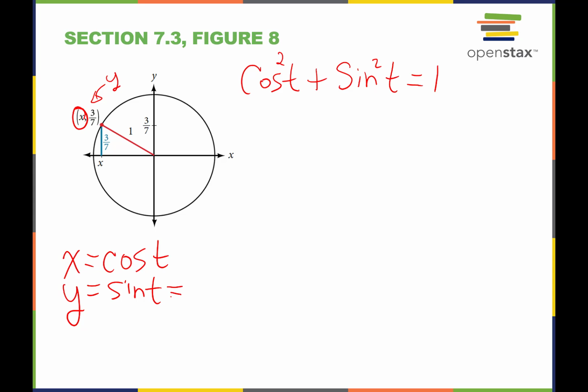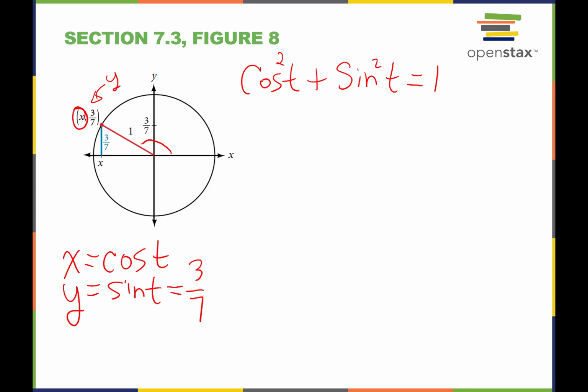So I know sine of the angle is 3/7. So what I'm going to do is plug in 3/7 into my Pythagorean identity and try to solve for cosine, knowing that cosine represents the x-coordinate on the circle where that angle sweeps out.